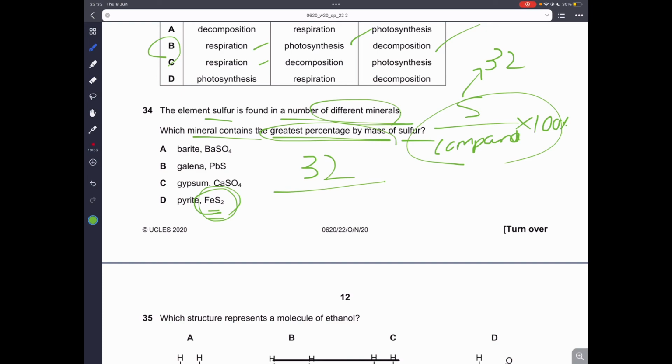So Fe is 56, and then there are 2 S, which means 32 is being multiplied by 2. And you have to multiply this by 100%. If we put that in the calculator, this is going to result in 26, wait a minute.